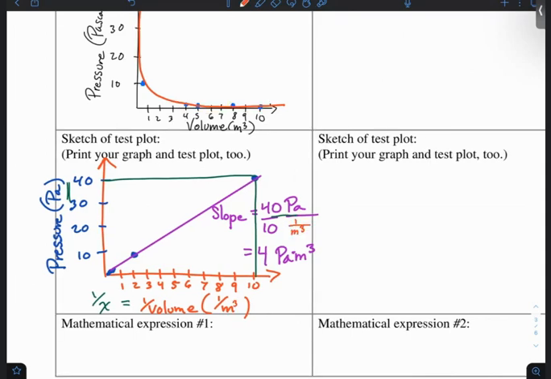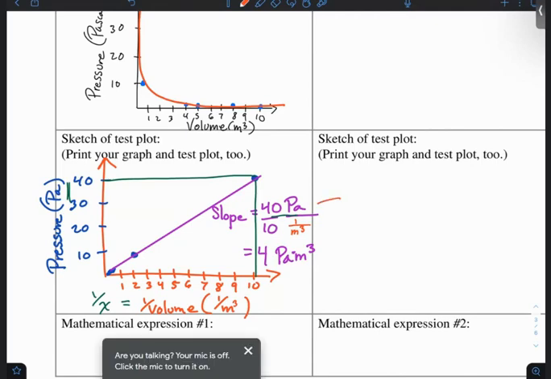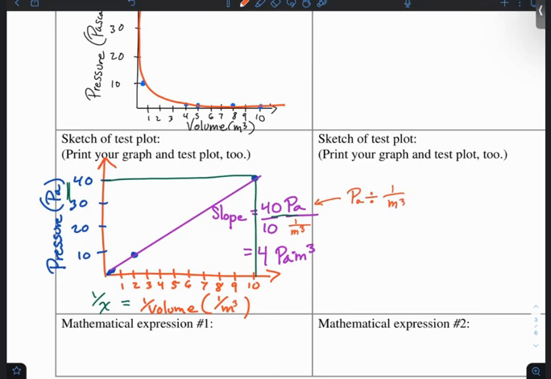I can also simplify that. If you don't want to, you don't have to, but if you do, you can. 40 divided by 10 is 4. Then this part here, I have pascals divided by 1 over meters cubed, but that's the same thing as multiplying by the reciprocal.